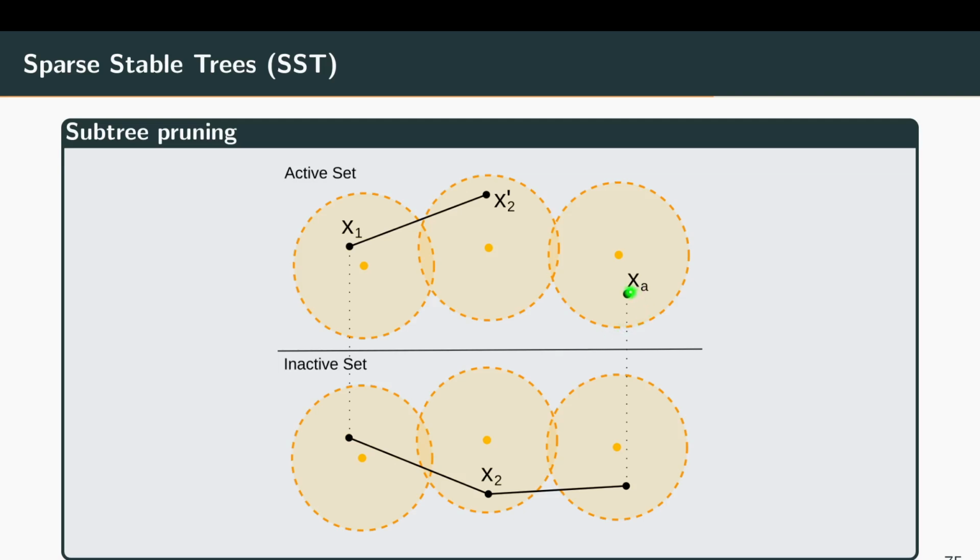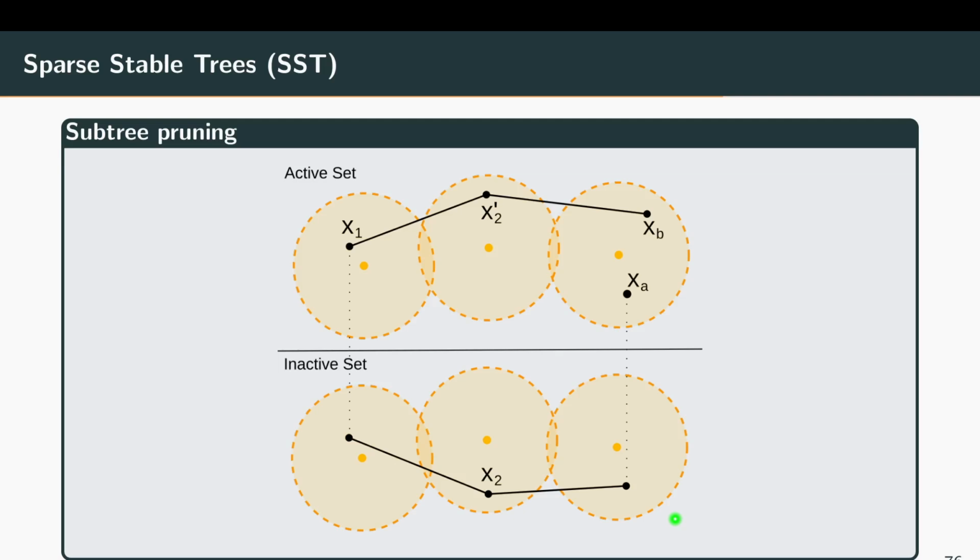The xa that was previously connected over x2 still remains in the active set, but there's this link to the parent state that points to a node in the inactive set instead. So in other words, instead of letting the graph become disconnected, we don't really delete things, we keep them around as part of the parent node pointers.